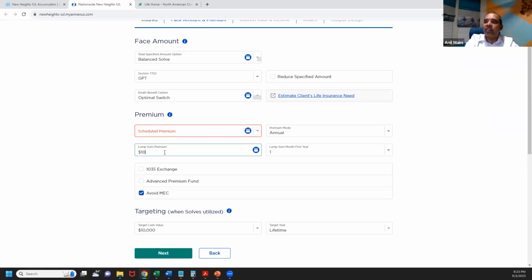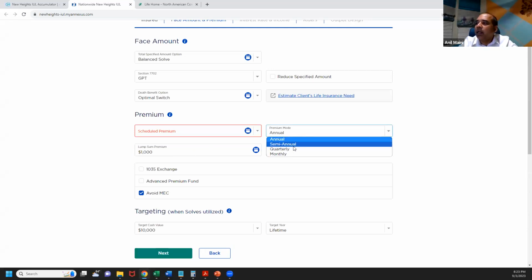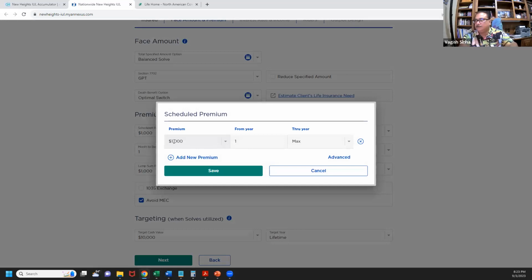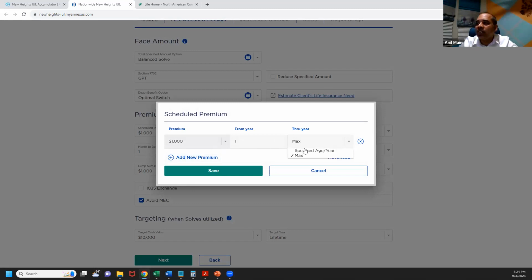So premium we are doing $1,000 per month, monthly premium. Month to begin one. Now, if you click on this box, you can say from which year to which year, how many years you want to pay the premium. Let's say client is 45, so we can do 15 years easily. So the client will pay premium for 15 years, and after that, no more premium.